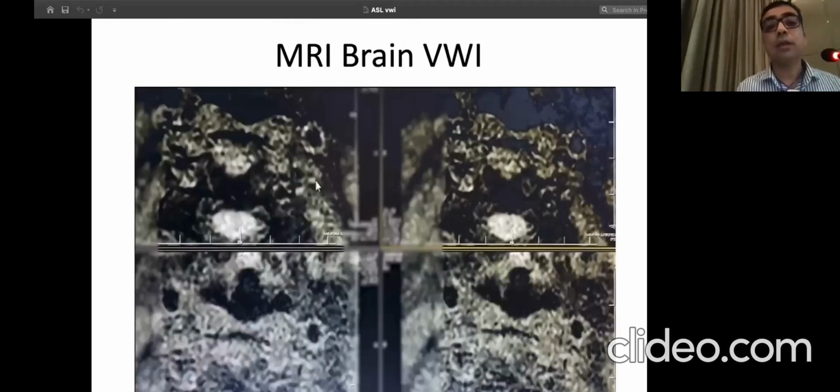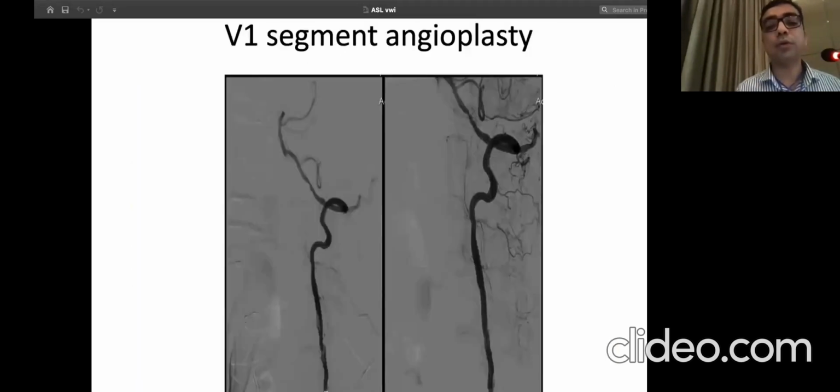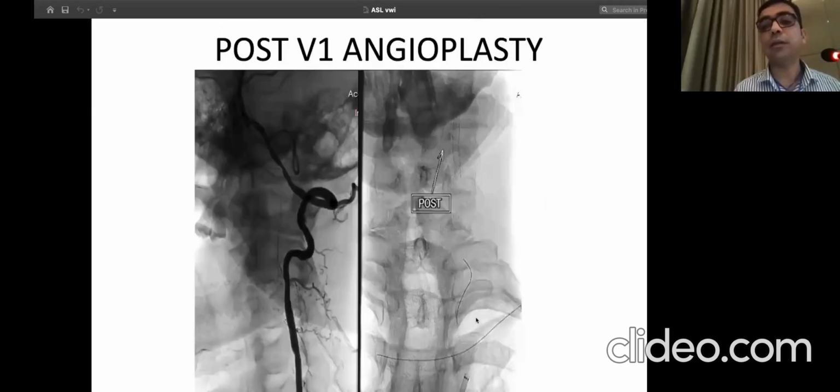The carotids were also evaluated, and we decided to do a vertebral angioplasty. We did a vertebral angioplasty of the upper and lower segments, with a coronary stent in the lower segment and an Enterprise stent in the upper segment.